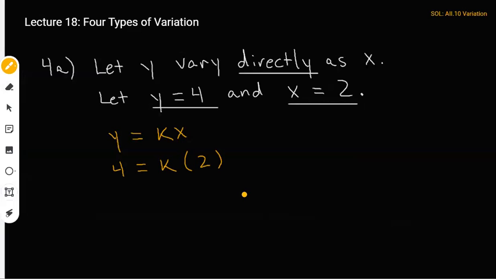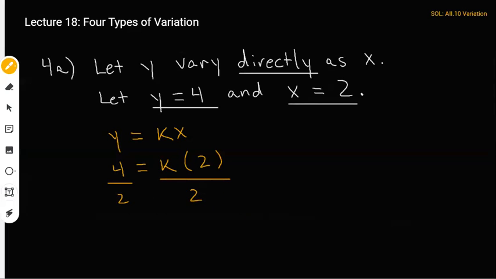How do I get k by itself? Since I'm multiplying by 2, I need to do the opposite to both sides. I need to divide both sides by 2. So I'm going to divide by 2 on the left side, and I'm going to divide by 2 on the right side.